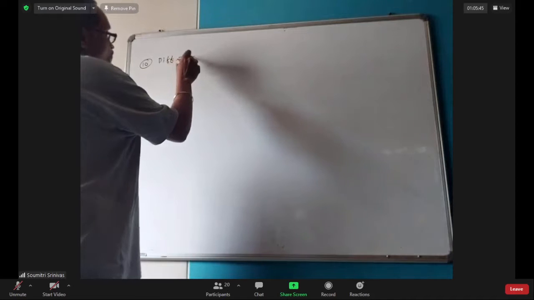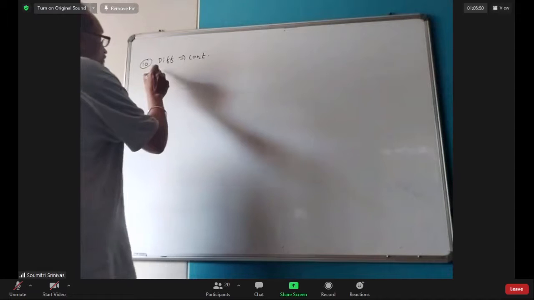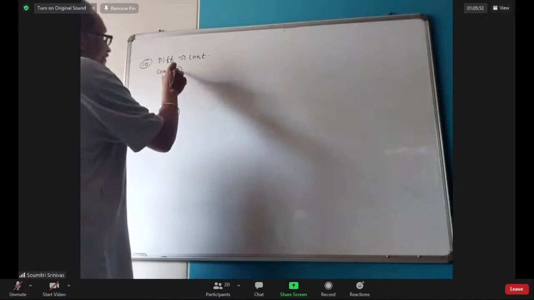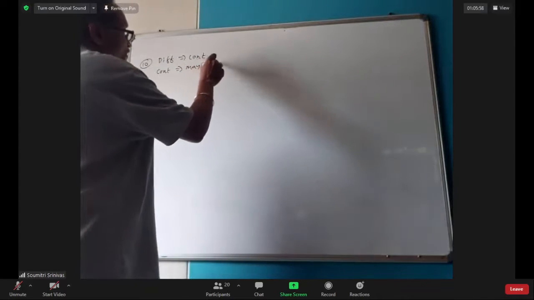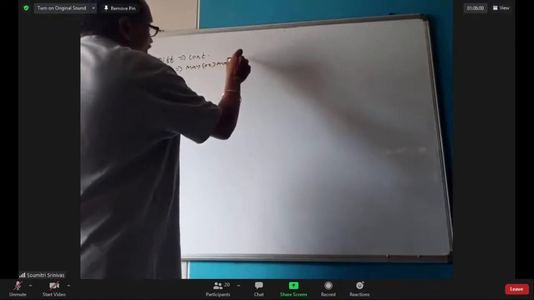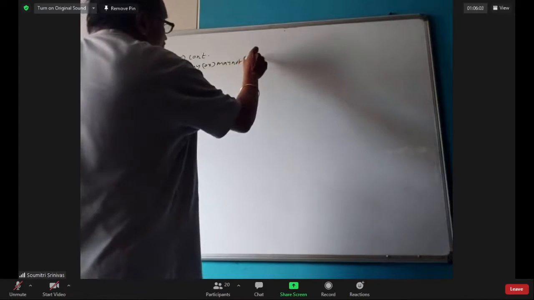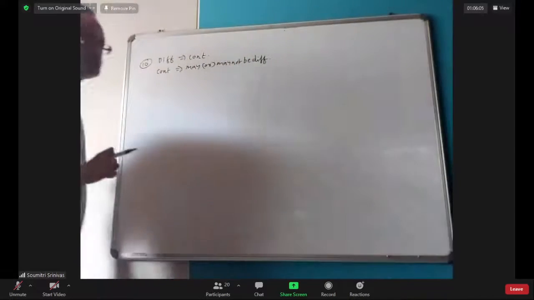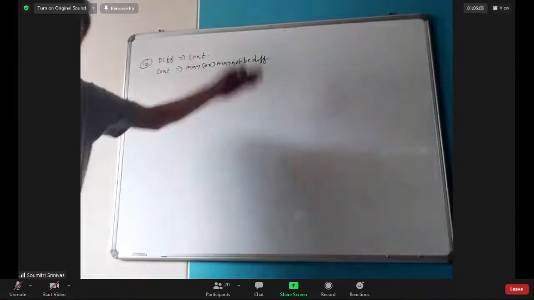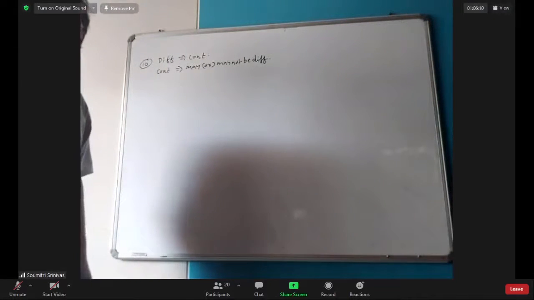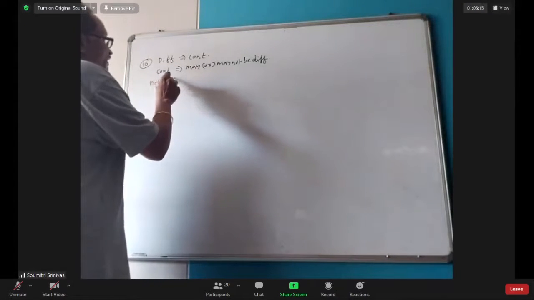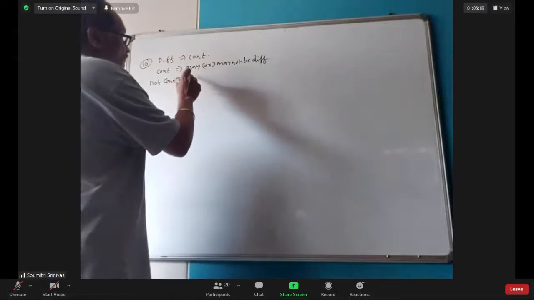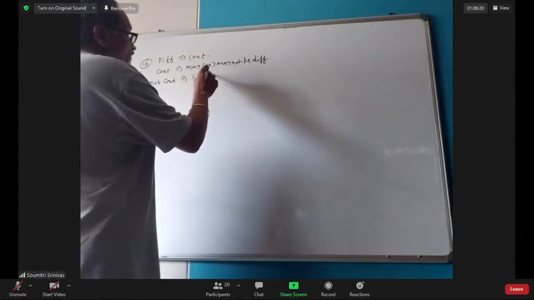Differentiability implies continuity. Continuity may or may not be differentiable. Because if it is a smooth curve, it is a differentiable, continuous function. But if not continuous, not differentiable.